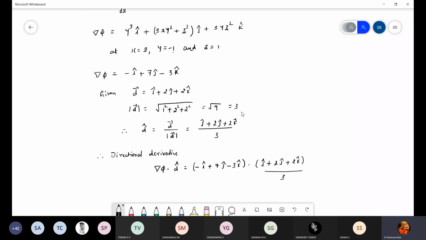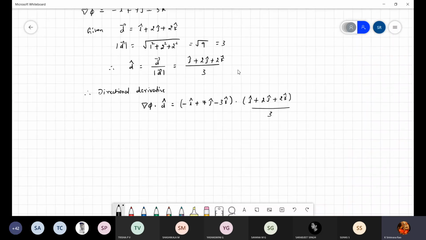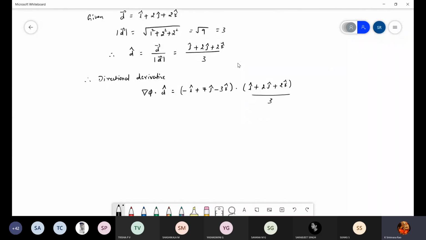That 1 by 3 you can take outside and multiply these two vectors with dot product. Okay, dot product means i with i, j with j, and k with k. Multiplication with only the like vectors without writing ijk, because i dot i is 1.